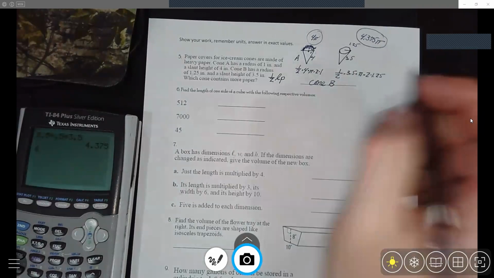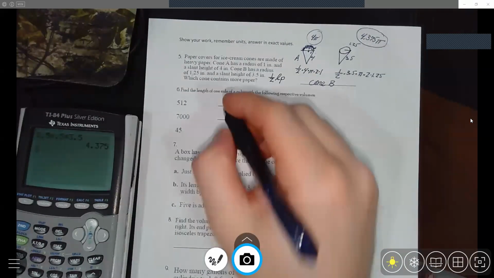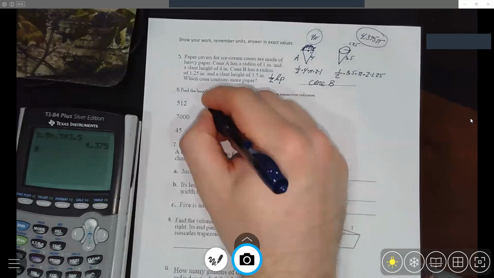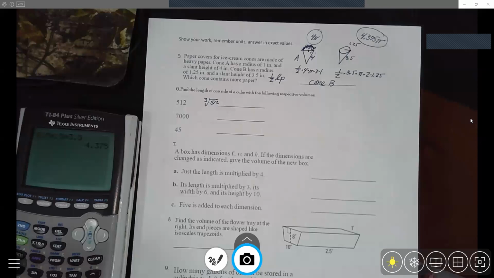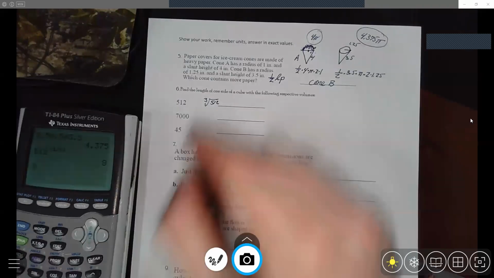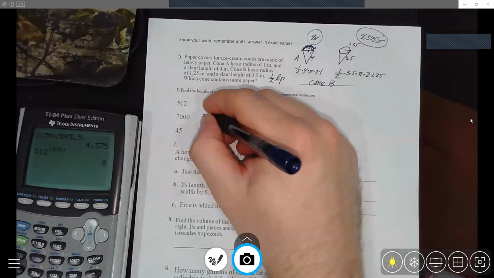Find the length of one side of the cube with the following respective volumes. So here you're just taking the cube root of 512. And I think that's 8. And then the cube root of 7,000.